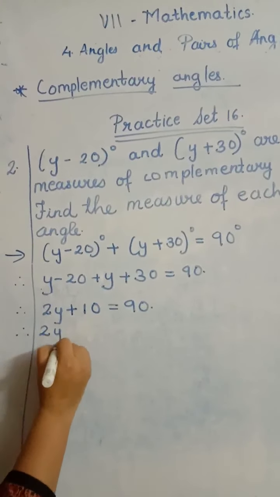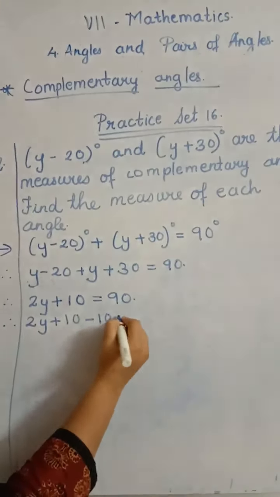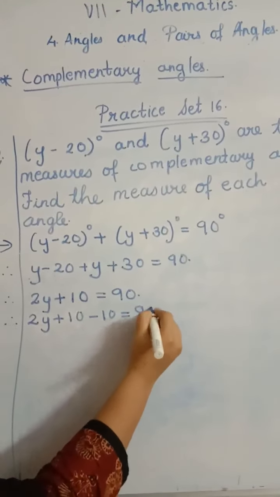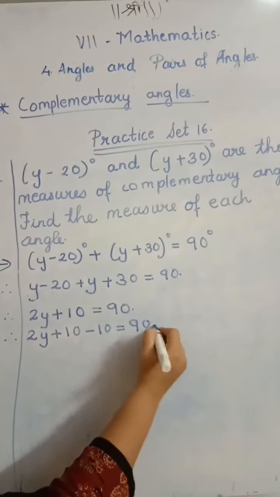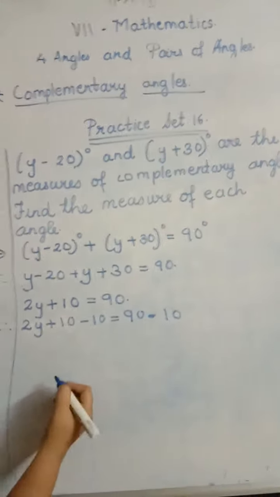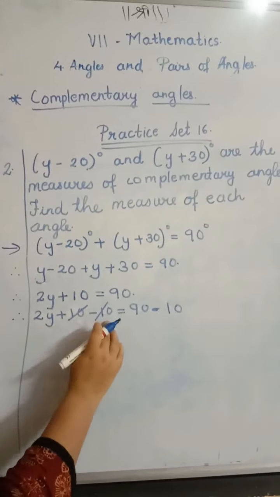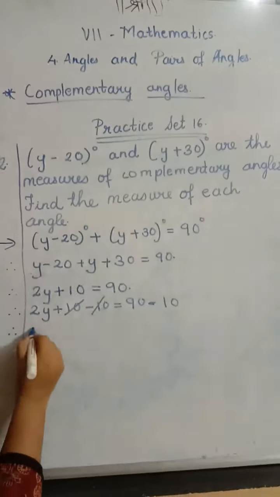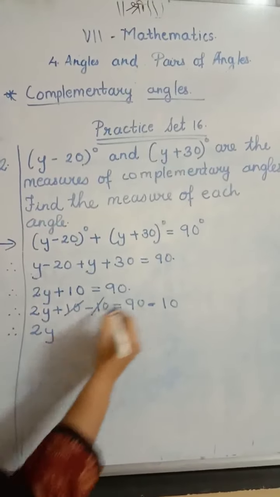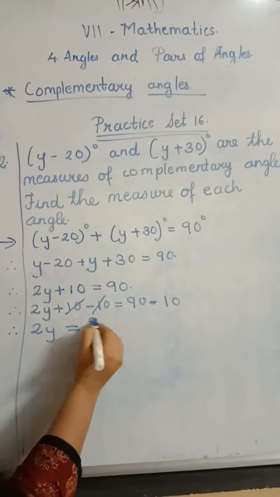That is 2y plus 10 minus 10 is equals to 90. Here did you give minus 10? So other side also we will give minus 10. Plus minus will go, or minus plus opposite is 0. Okay. So what is remaining here? 2y. Other side equals to 90 minus 10, 80.